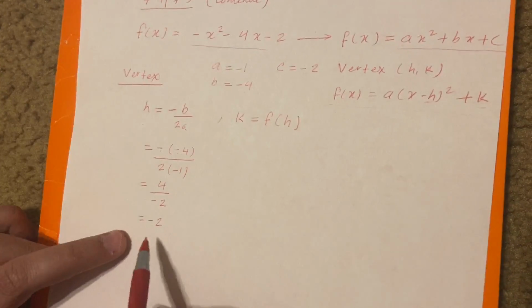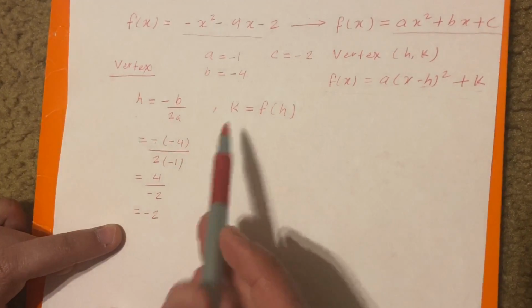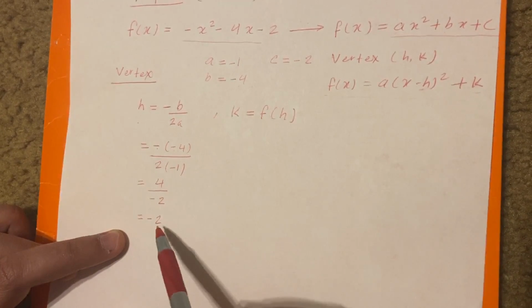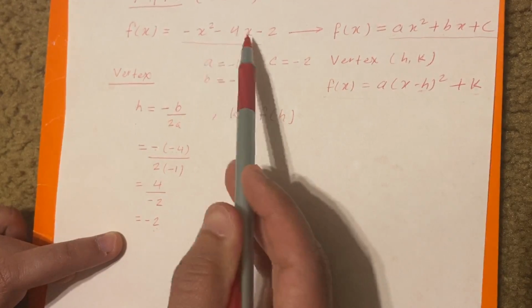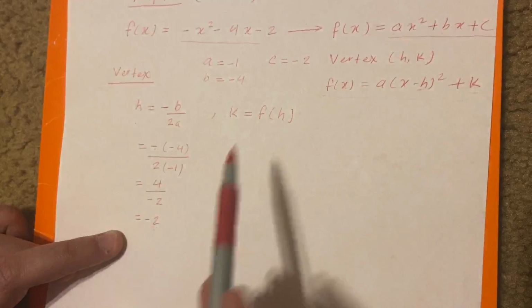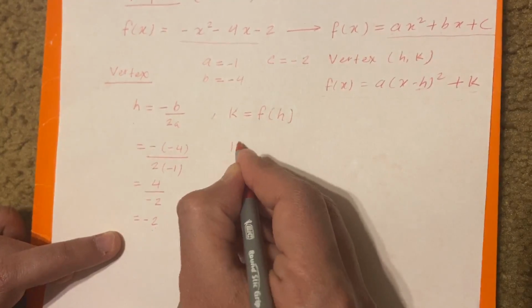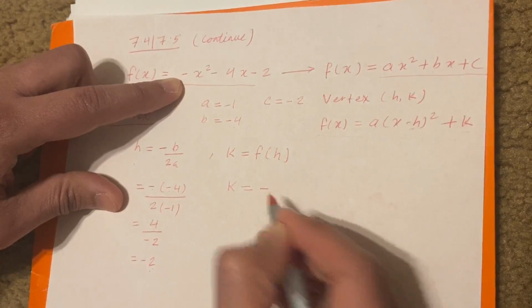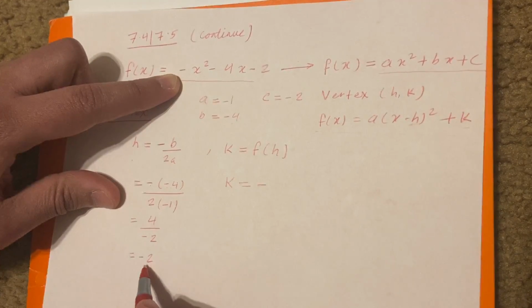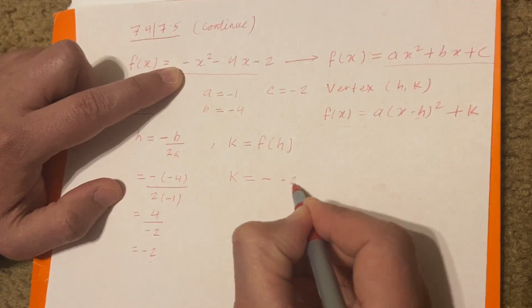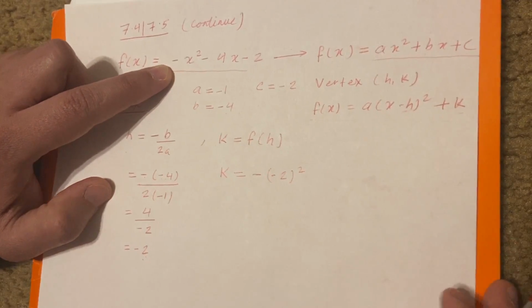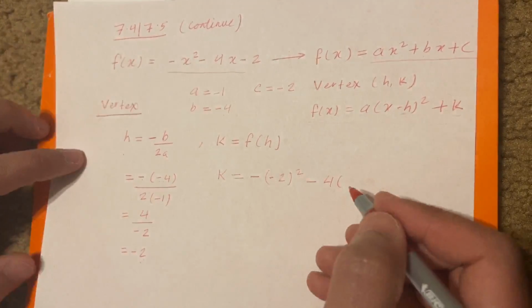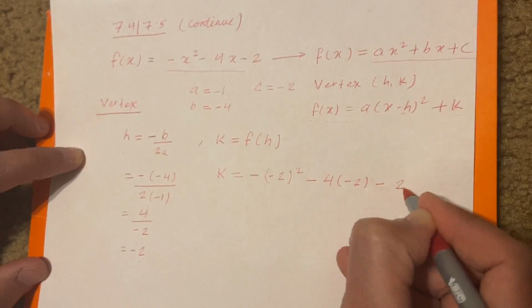And once you get the value of h, now to find the value of k, like I said before, take this value, -2, and put this value here for x to get the value of k. So to get the value of k from this equation, there is a negative here already, right? So that's negative, and we're going to take the square of this -2, minus 4 times this -2, minus 2.